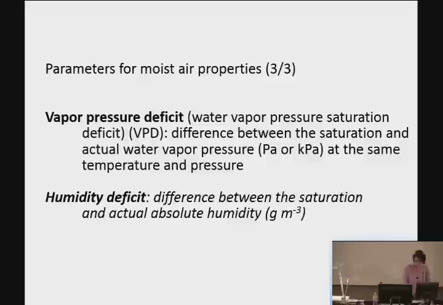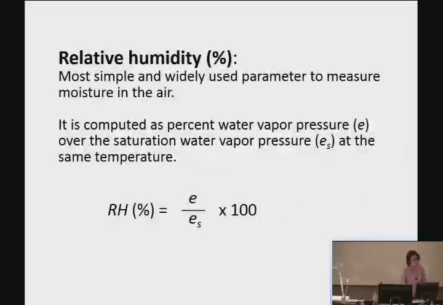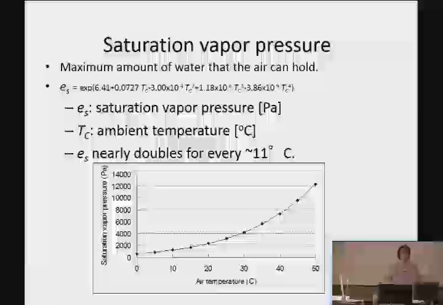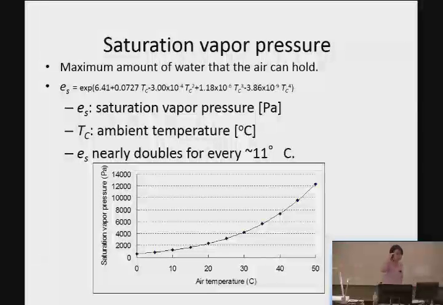All right, so before going on, relative humidity, this is the equation. The current vapor pressure divided by saturation times 100 to get a percentage, right? You already understand that. This is a percent of the saturation. And saturation vapor pressure depends on the temperature and increases almost exponentially with increasing air temperature.